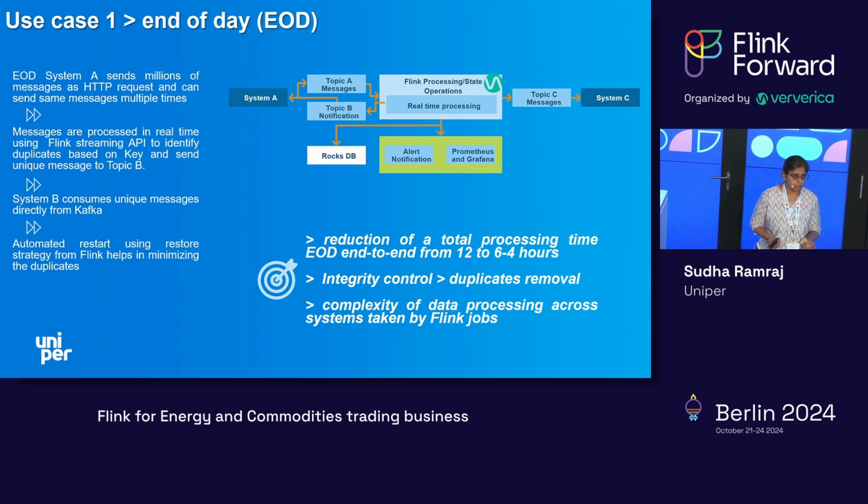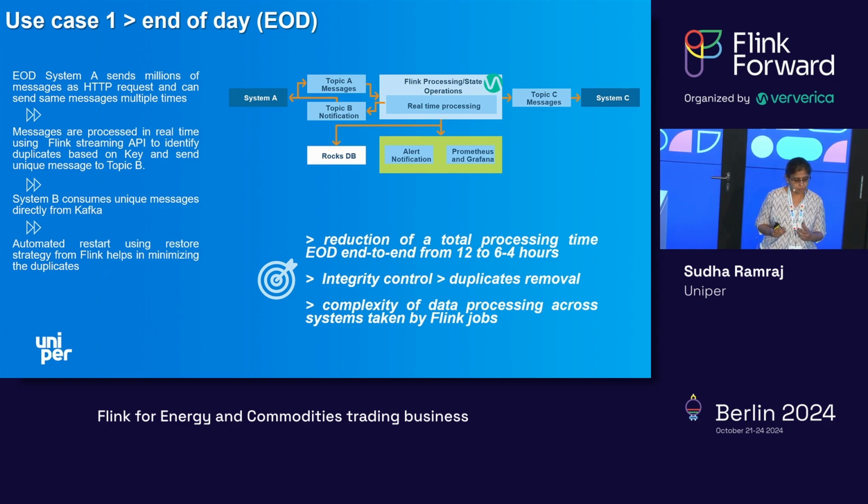So that's the point here. A system, at end of day when you're generating your reports or anything, or even when you trade, it can generate the same message again. On a real-time basis, there was a need to identify such duplicates, eliminate them, and just send the unique ones to your downstream systems.